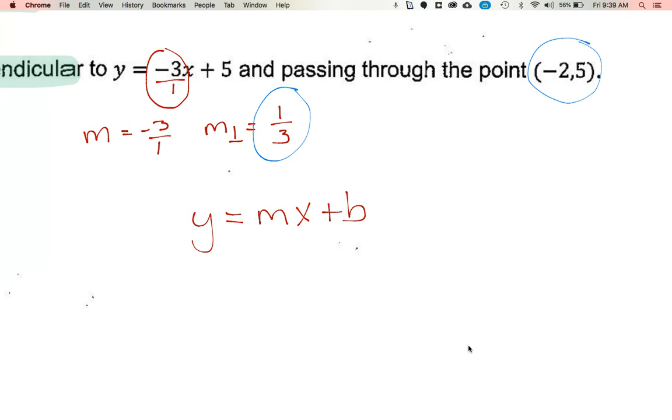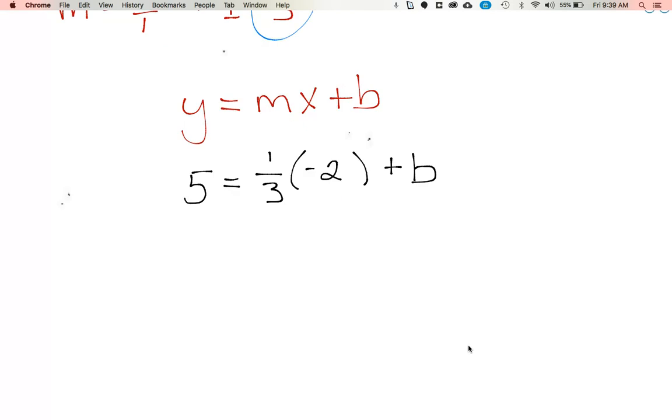So when I substitute this all in, it'll be 5 equals 1/3 times x, which is -2, plus b. So we have everything but the b value. So now we can just solve that equation for b.